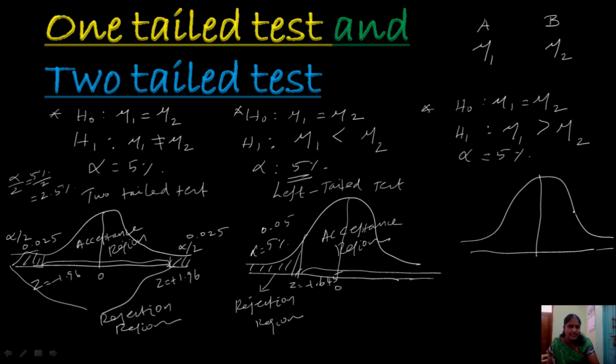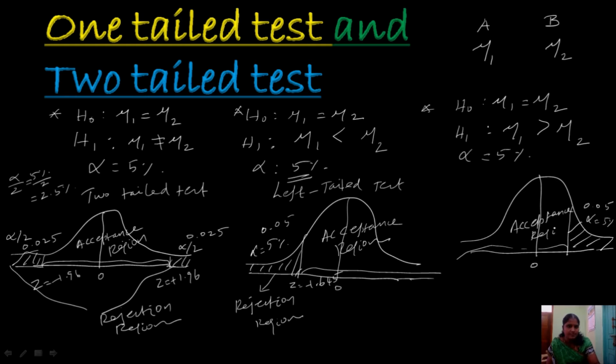This falls in the right tail of the normal curve. That means the rejection region falls on the right hand side, that is alpha equal to 5%, which means 0.05. If the value of Z falls in this region, we accept the null hypothesis.